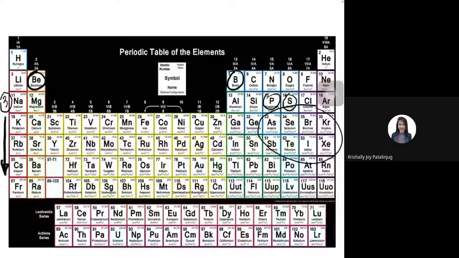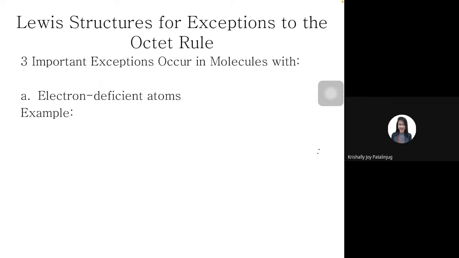Let's try to understand what are those examples of molecules that are exceptions to the octet. Number one, exception to the octet may occur in molecules with electron deficient atoms, or those central atoms that have fewer than 8 electrons surrounding them.